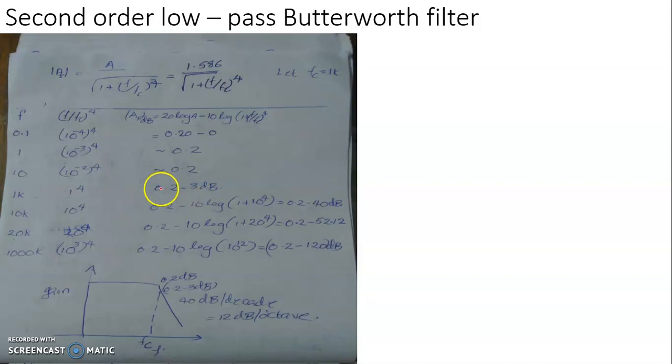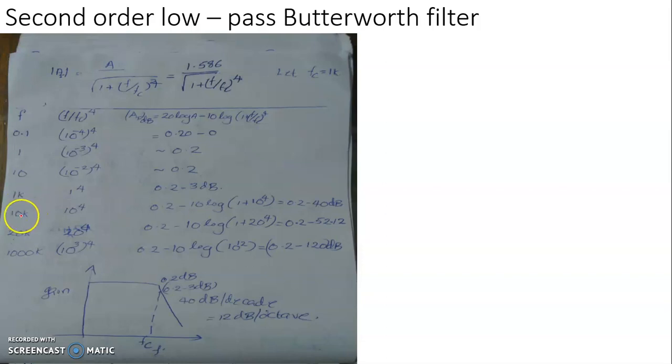So this is the frequency at which the gain is reduced by 3 dB compared to the midband gain. This is the minus 3 dB frequency, the characteristic frequency or resonant frequency or natural frequency or characteristic high corner frequency of the Butterworth filter.